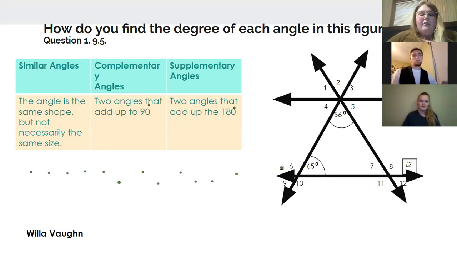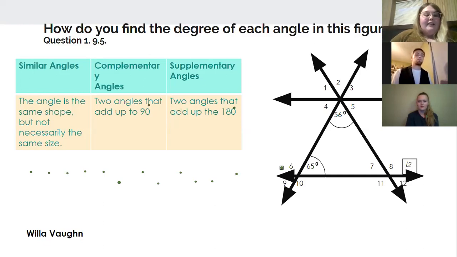So we're going to start out finding the measurement of angle 7. Angle 7 is down here. Interior angles are going to be supplementary, so they're going to equal 180 degrees. So you're going to take 180 minus 65 minus 56 equals 59.